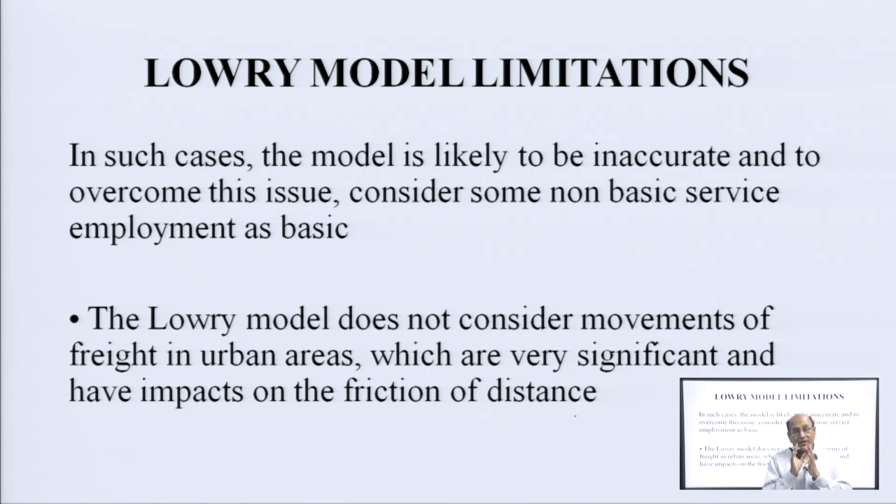This is the main thing: some non-basic services are considered as basic for better model development. The Lowry model does not consider movement of freight in urban areas, which is very significant and has impact on the friction of distance. This is the main drawback of the Lowry model, where the movement of freight is not coming anywhere in the urban area.